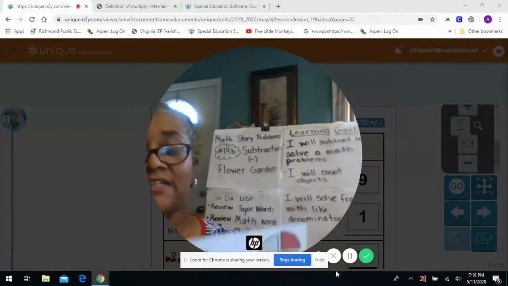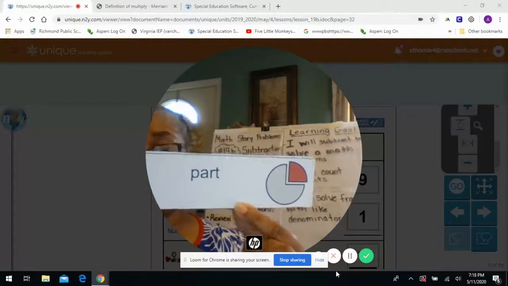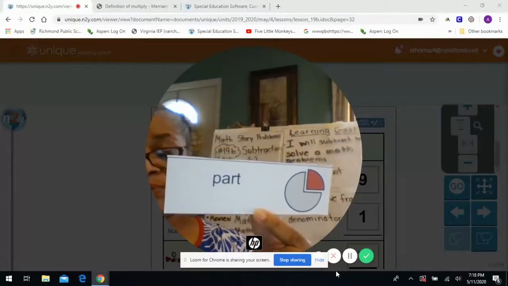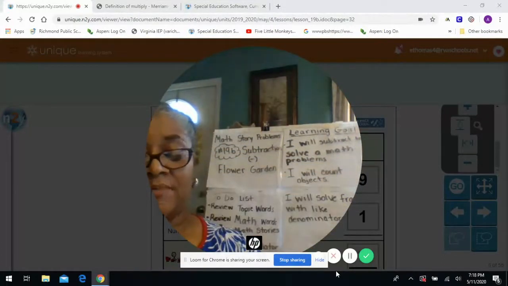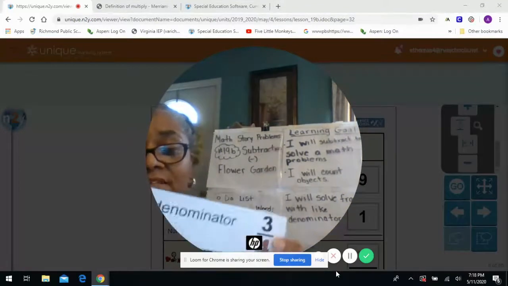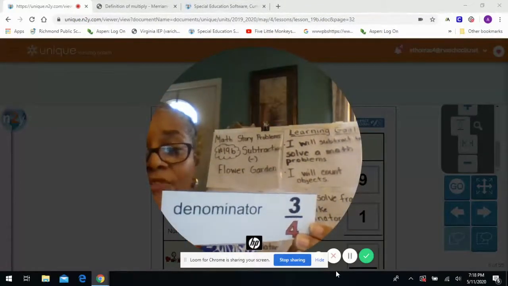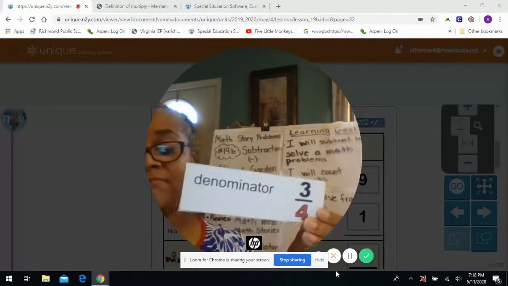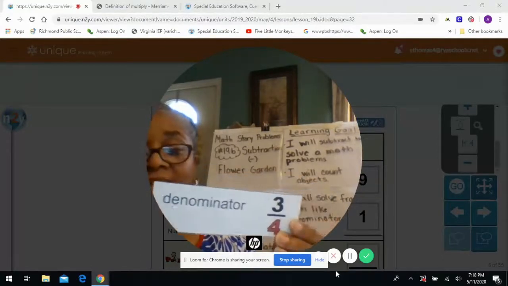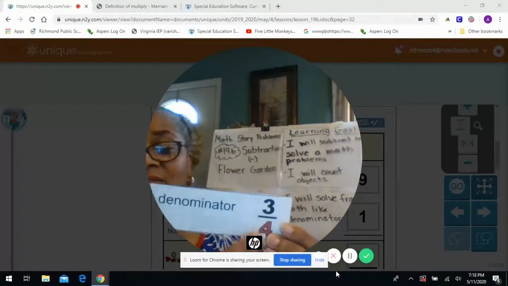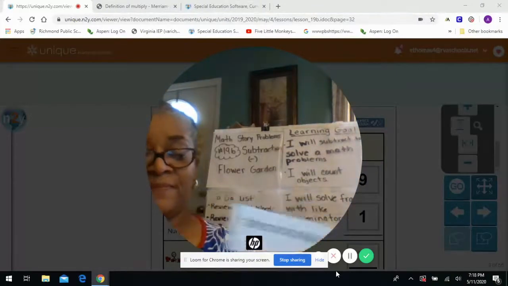A part is a piece of a whole. Good job, guys. Then we have the denominator. The denominator is the whole thing. It's the part of the fraction that's below the line. See the line? It's below the line.